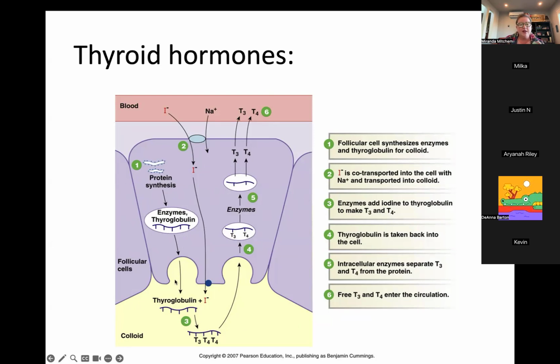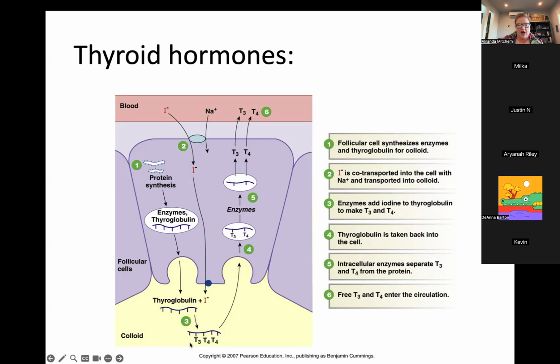The thyroglobulin goes into the colloid, and that is where iodine is located. Iodine naturally goes into the colloid of the thyroid gland. So this gives us the ability to create T3 and T4 from thyroglobulin and iodine.